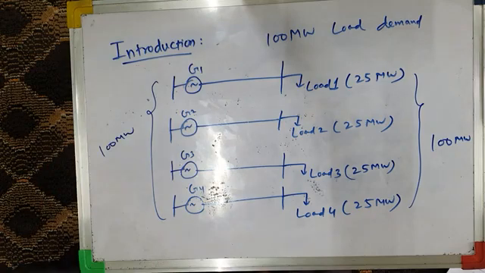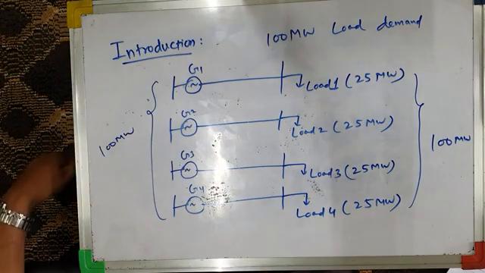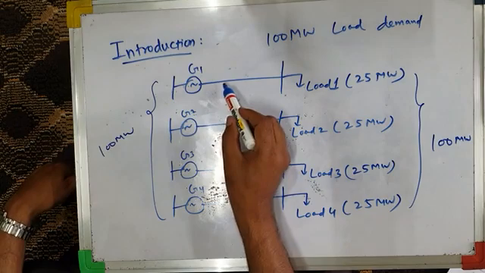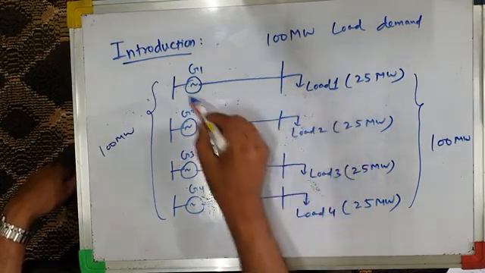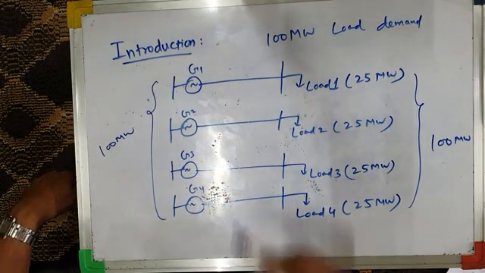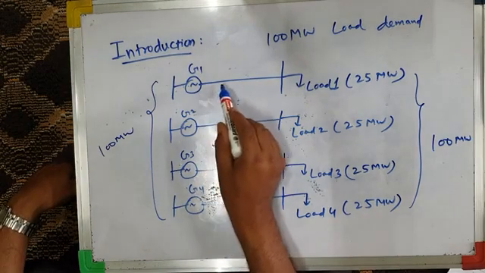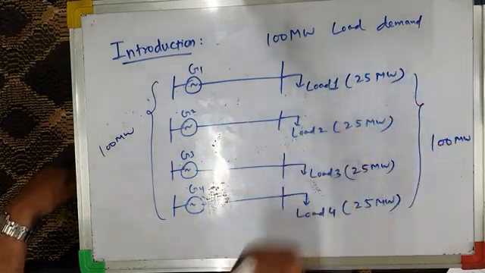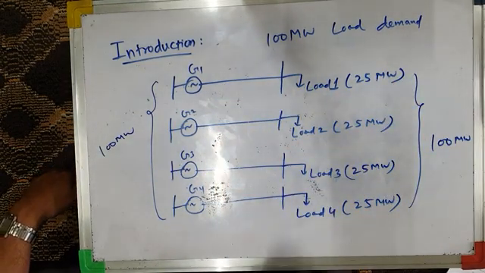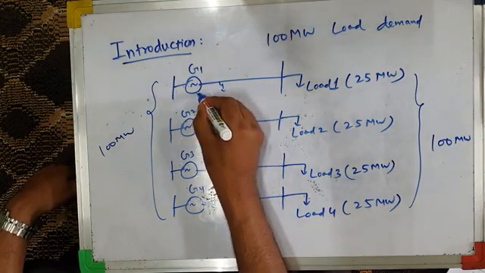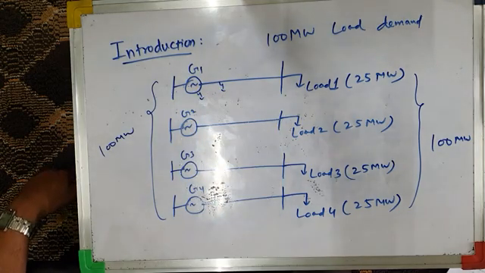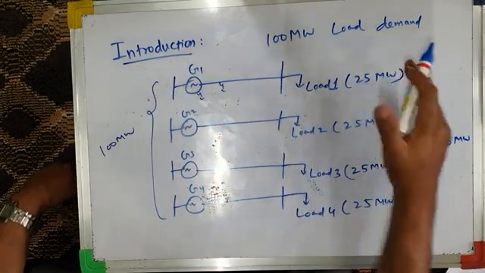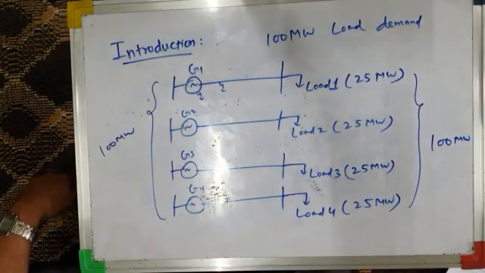Okay. The second problem is that in the event of a fault on this system, the power shutdown to the load will take place. You may have a fault here, or you may have a fault at the generating station itself, and when there is a fault, no power will be supplied to this huge 25 megawatt load number 1.